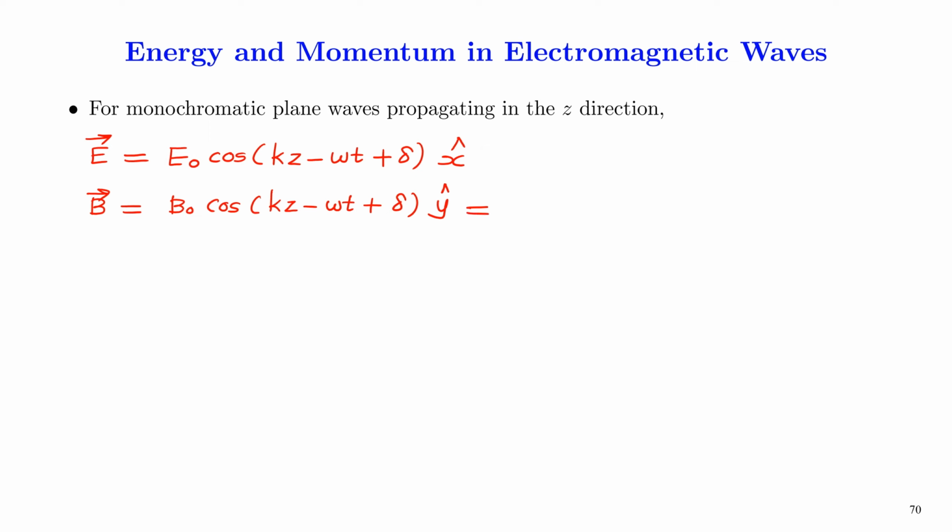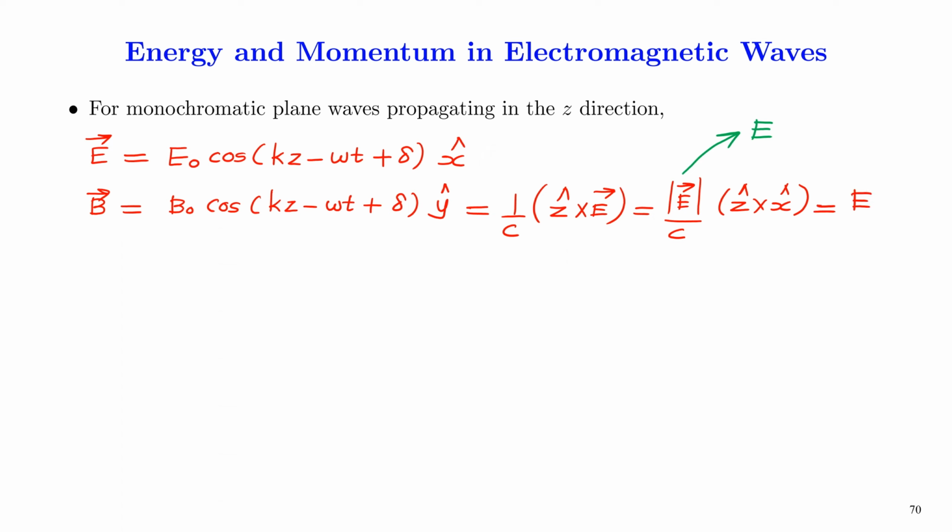This is again equal to 1 over c z hat cross E, and that is equal to modulus of E over c then z hat cross x hat. We shall write the modulus of E as E. Therefore, this is equal to E over c and then y hat.